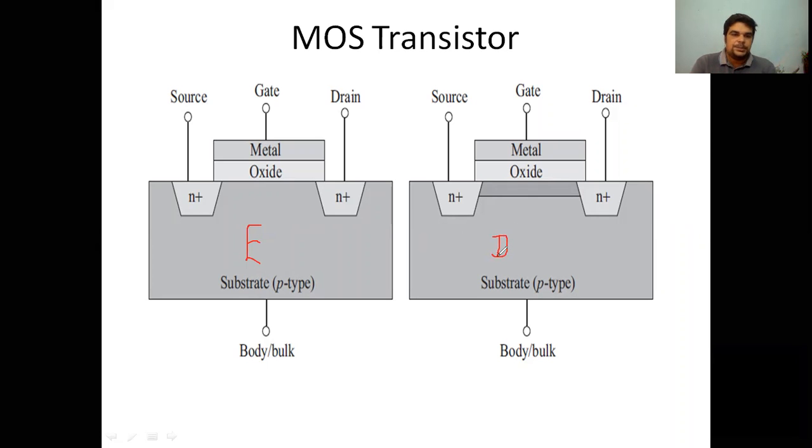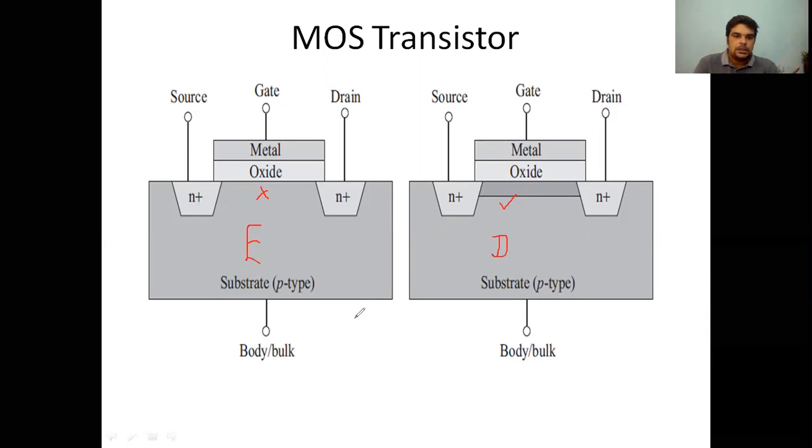The basic difference between the constructions of these two MOSFETs is that the enhancement MOSFET does not have a pre-existing channel, while the depletion MOSFET has a pre-existing channel. MOSFET is a four-terminal device.